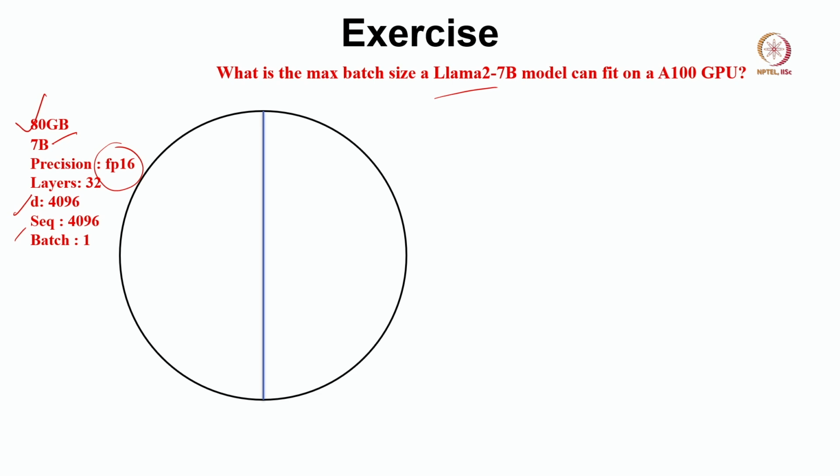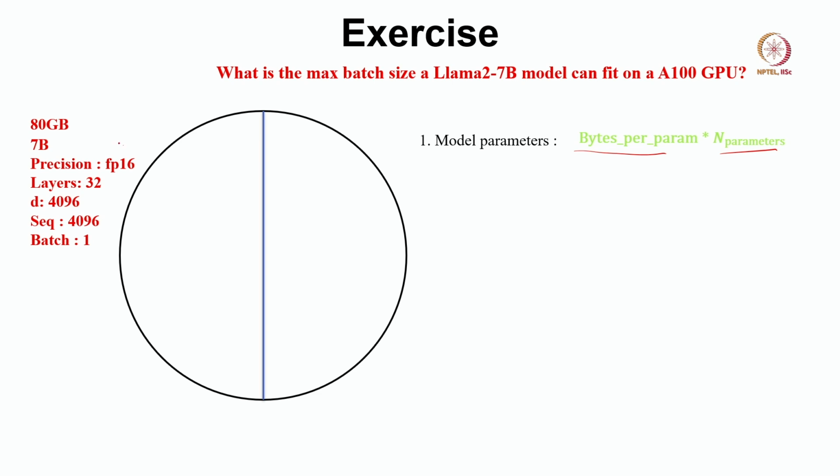Now the model parameters, that means we are talking about the number of weights. The weights will take some space in memory, which is bytes per parameter multiplied by number of parameters.